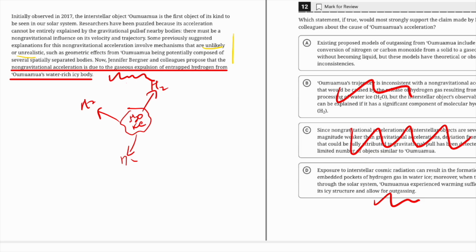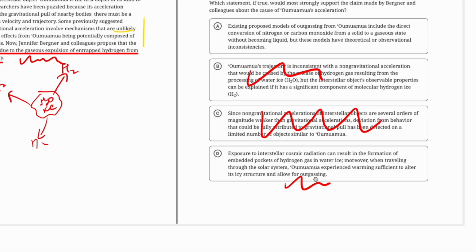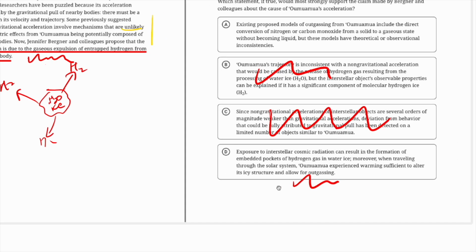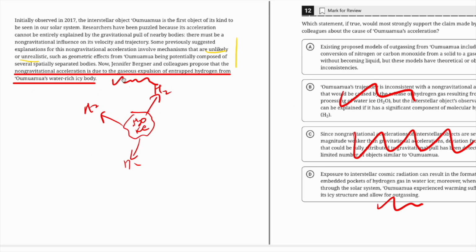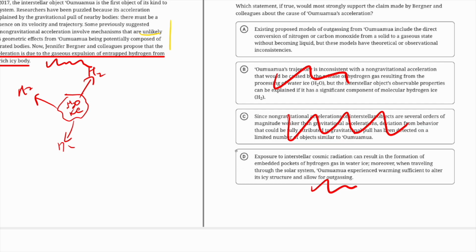I'm surprised that they expect us to know what outgassing means, but just kind of putting it together, gas being driven out. Does it? Well, it says here it experienced warming sufficient to alter its icy structure and allow for outgassing, and they're saying that gas was expelled, so it's going to have to be D.